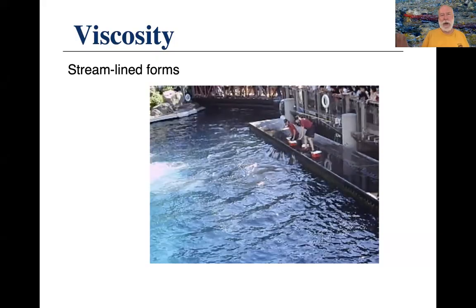So that's a little video that I took some years ago at the Vancouver Aquarium. And the thing I want to emphasize to you there is how readily something like a dolphin or a porpoise moves through the water because of that streamlined form. You know, we're essentially terrestrial organisms.